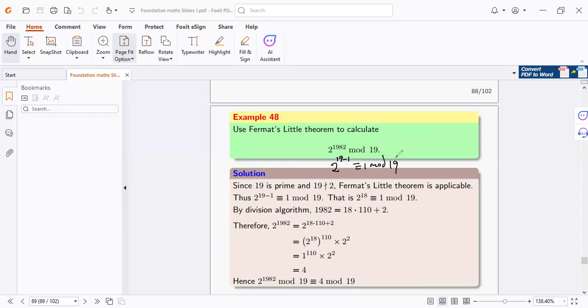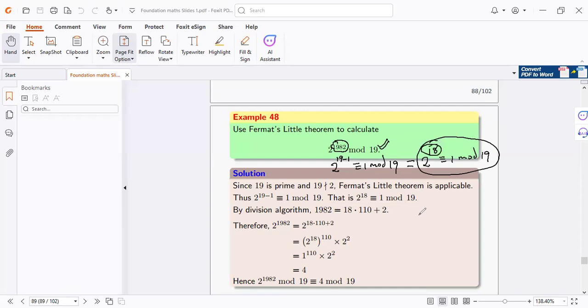So what we have here is 2 raised to 18 will be congruent to 1 mod 19. This is a very important statement because from here, we can write the answer to the initial question straight away. We only need to compare the powers. The power here is 1982, and the power here is 18.